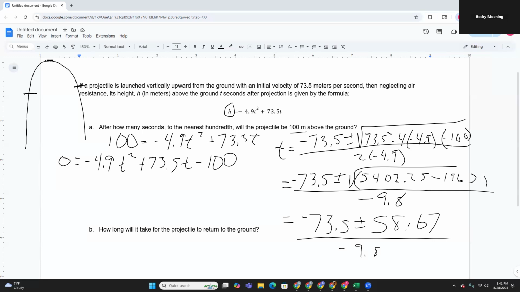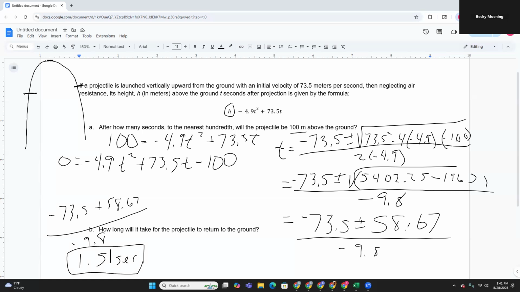If I take negative 73.5 and add 58.67 and then divide by negative 9.8, that's going to give me roughly 1.51 seconds. And then we take negative 73.5 minus 58.67 divided by negative 9.8.